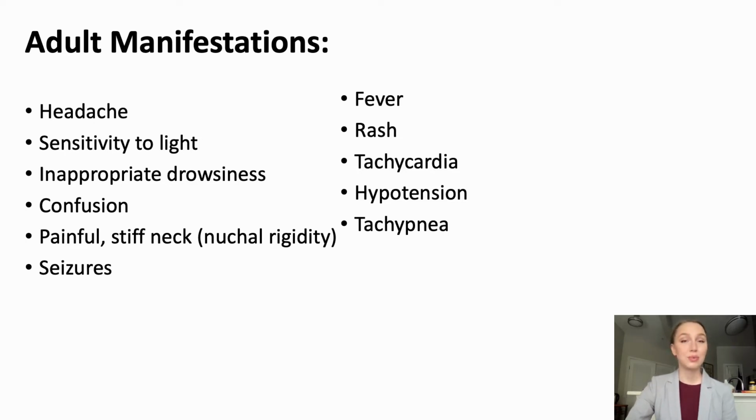Someone who's drowsy when awoken for pre-rounds at 5 a.m., for example, should not be considered drowsy in a neurological sense, whereas someone who's having difficulty staying alert in the middle of a conversation in the middle of the afternoon would be. Symptoms related to infection include fever, rash, tachycardia, hypotension, and tachypnea.